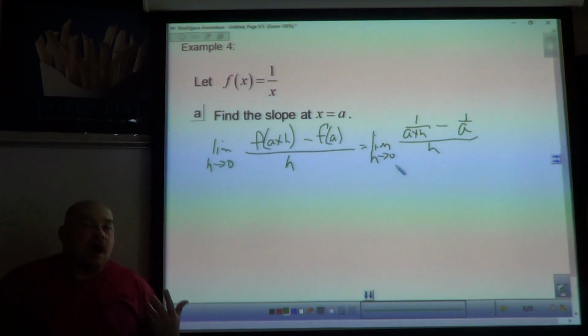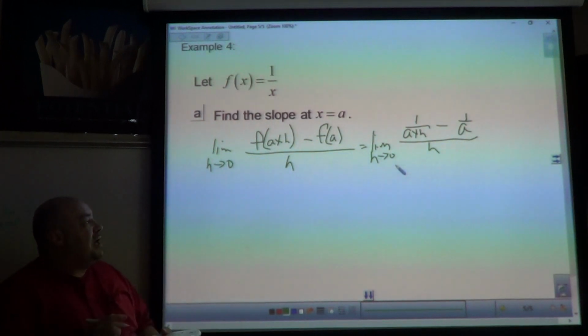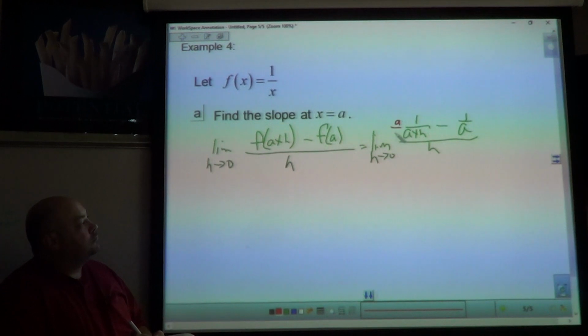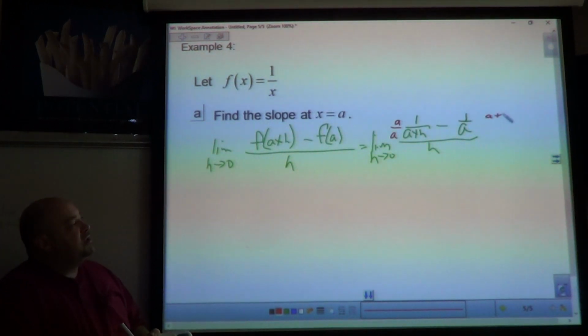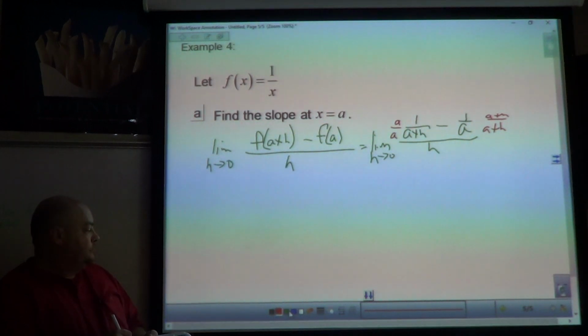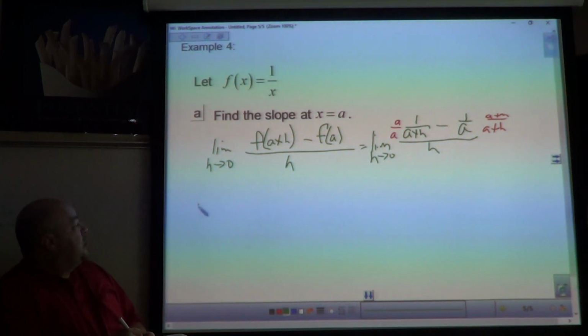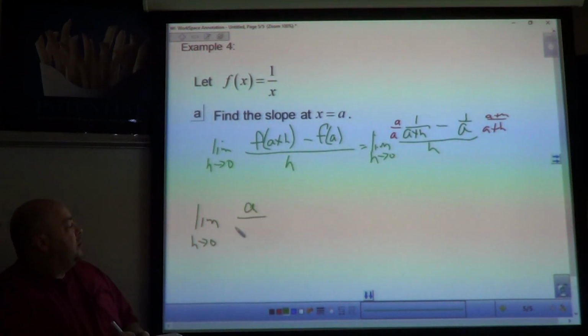Alright, so we're going to have to get a common denominator here. We're going to multiply the first one by a over a, and the second part by a plus h over a plus h. So when we do that, we're going to have the limit as h approaches 0 of a over a times a plus h.